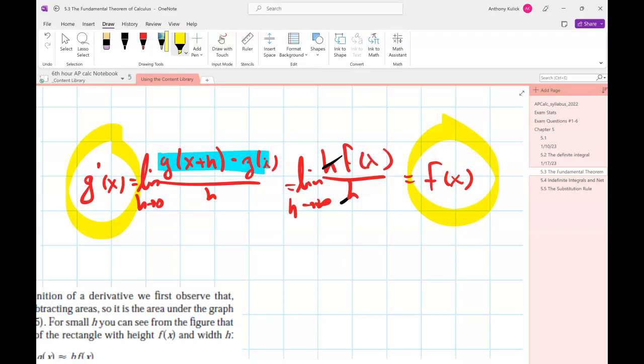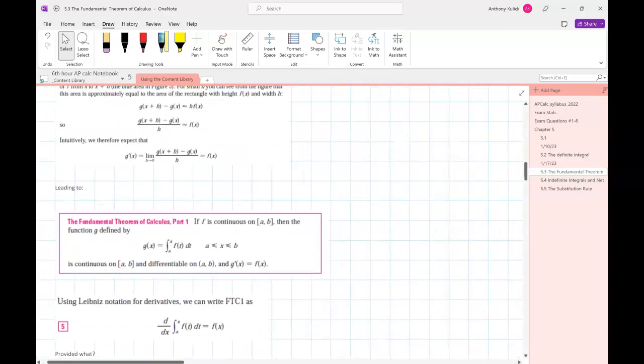The derivative of g is just the function inside of the integral. The derivative of g is the function left inside the integral.